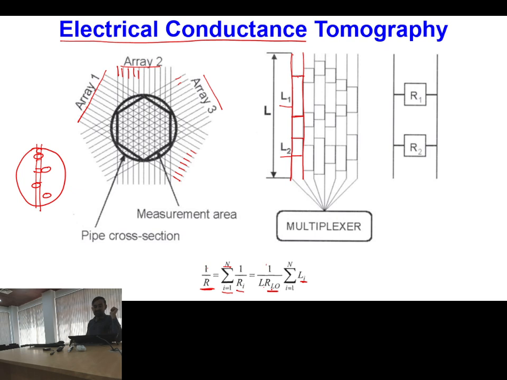Using this data between the two wires, you can measure how much fraction is covered with liquid and how much fraction is covered with gas. Then similarly we do this simultaneous signaling for all the consecutive sets of wires, and using that information you can reconstruct the interface.